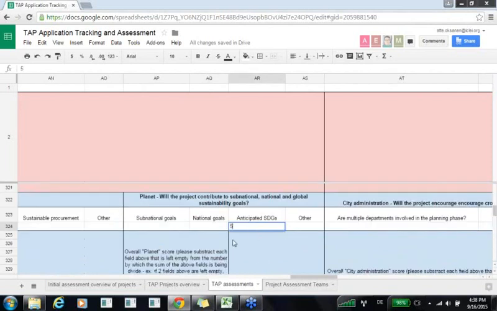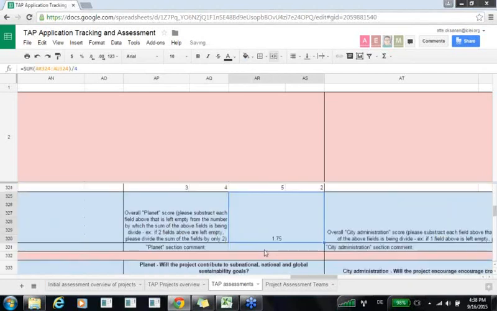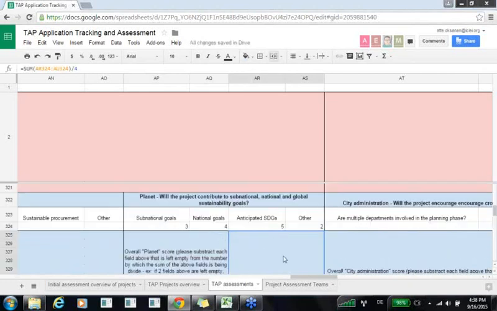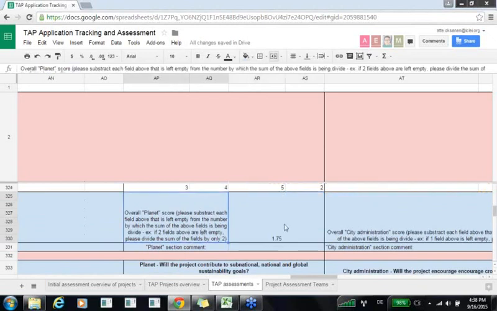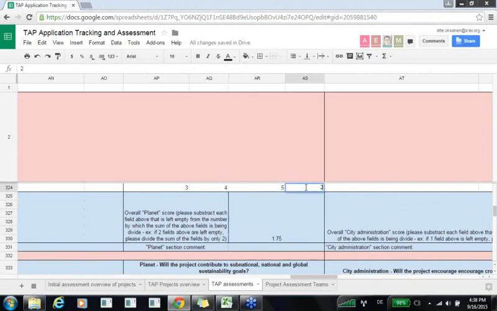So maybe we'd give a 5 here, 4 here, 3 here, and other goals maybe 2. So that would create the average planet score right here. So that's all of these divided by 4. And once again, if this was not filled out, then you would divide by 3 and not by 4. So that's yet again something that's quite important to remember.